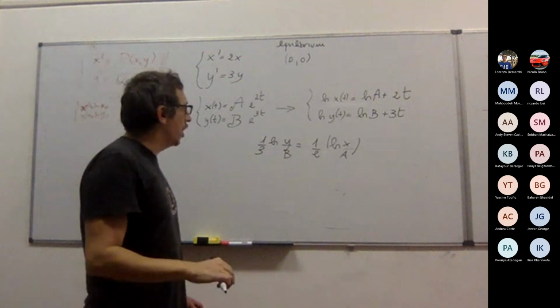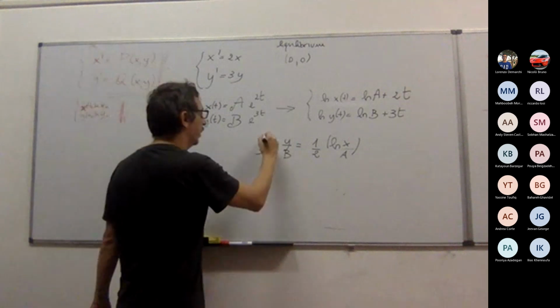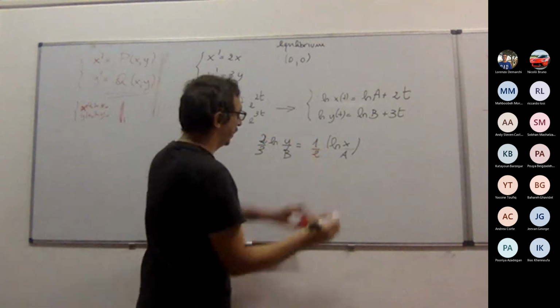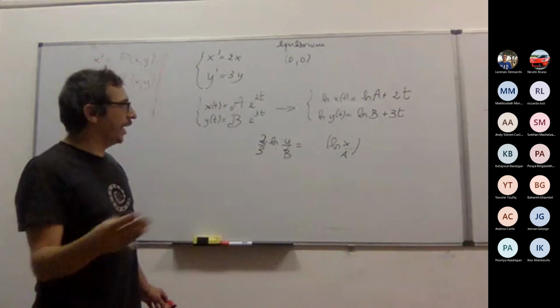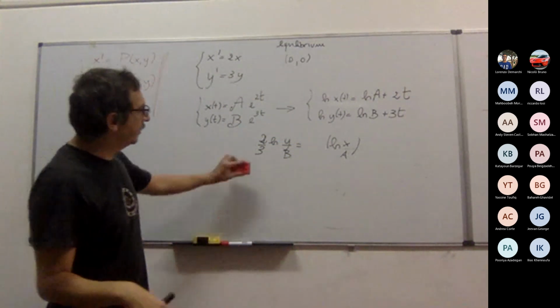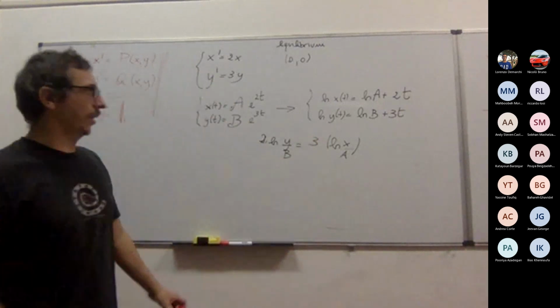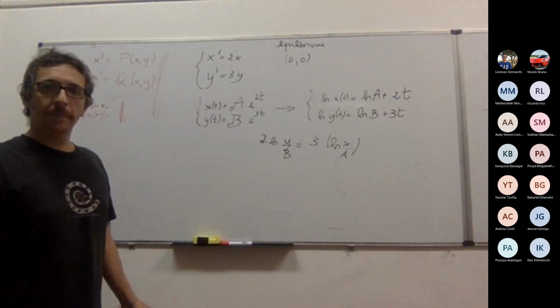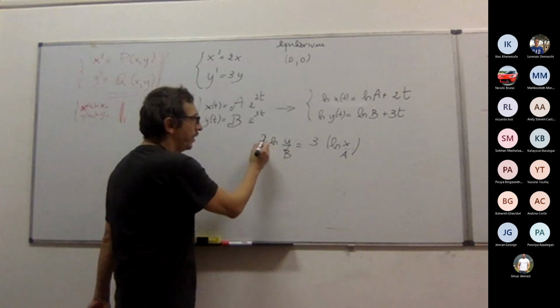I can multiply times 2. So you have 2 here, 2 divided by 2 is 1. And then I can multiply left hand side and right hand side by 3, and this 3 disappears, and they have this thing here. Okay? Now, what is this thing?